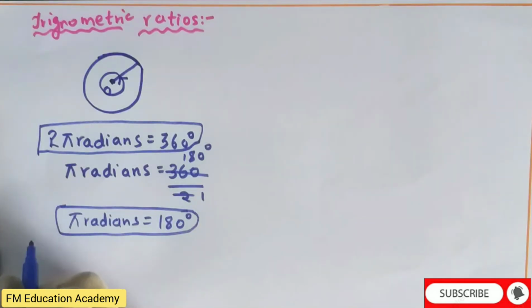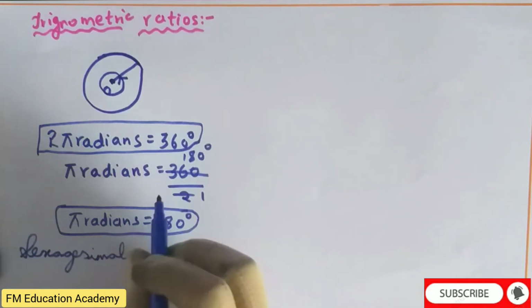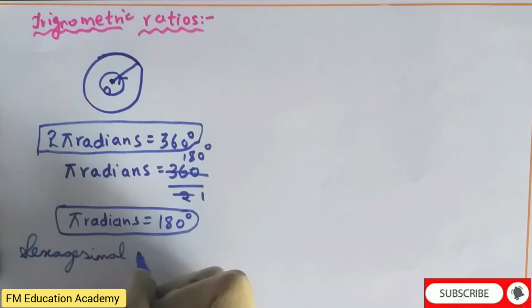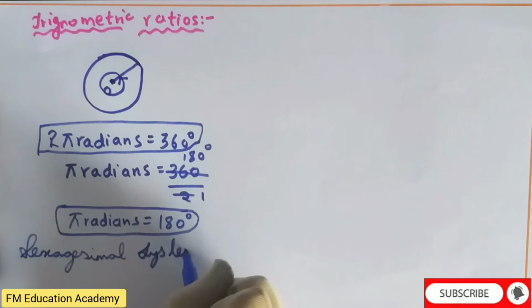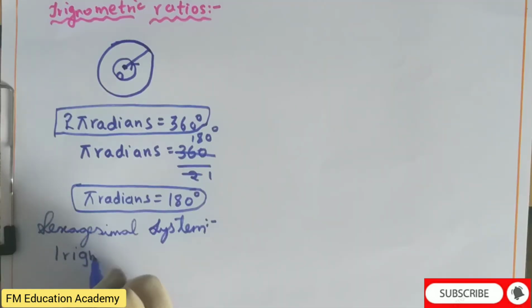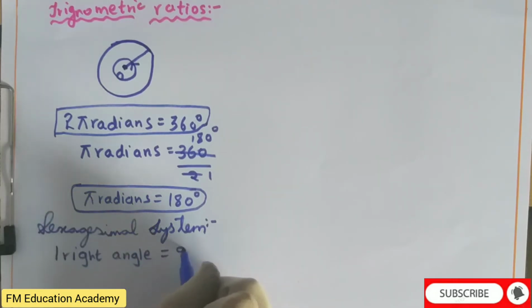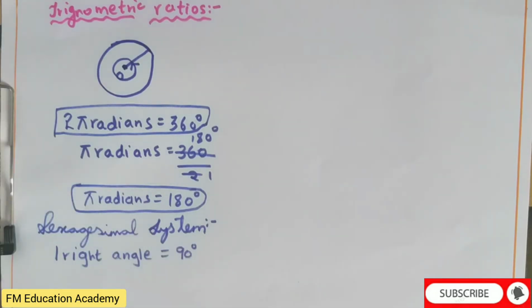Now we have a system called the sexagesimal system. In that system, we have conversions of right angle, minutes and seconds. You need to know that one right angle will be equal to how much? We know in a right angle triangle, one angle is equal to 90 degrees.